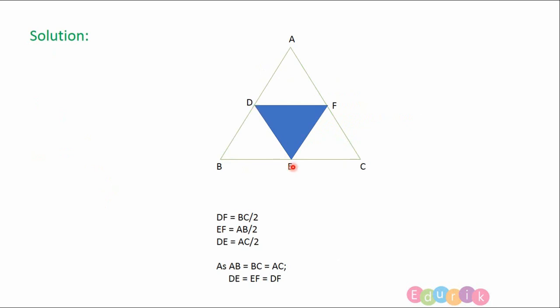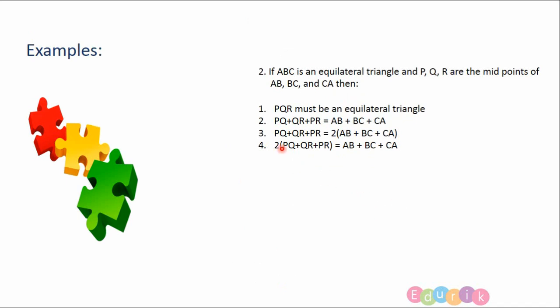If we add the sides DE plus EF plus DF, we are getting half of the sum of all the sides of the larger triangle. So in statement 4, we are given that 2 times PQ plus QR plus PR, or DE plus EF plus DF, equals AB plus BC plus CA. So this option is correct and this option is also correct.